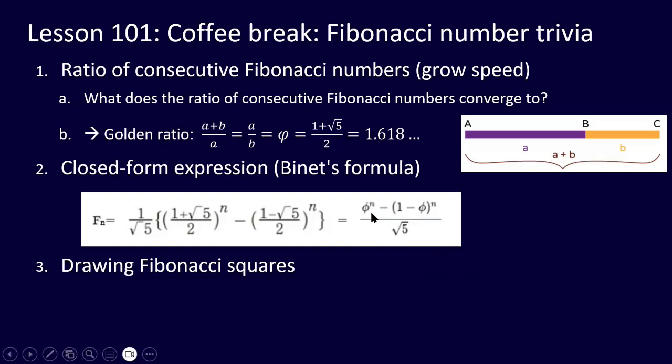So phi to the power of n minus, yeah, we can calculate this, but I won't do it this time. Okay. Interesting. Maybe we might want to try it now. That's right.